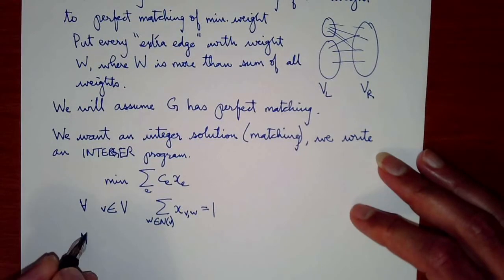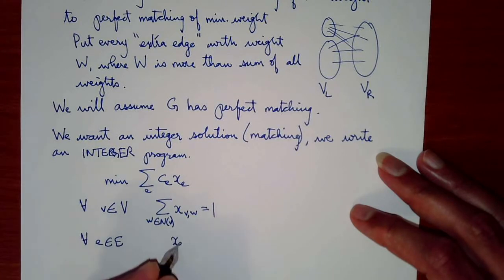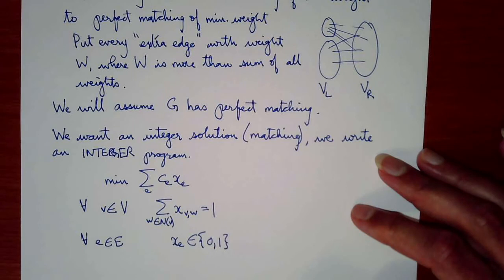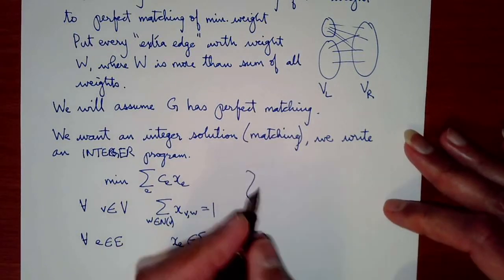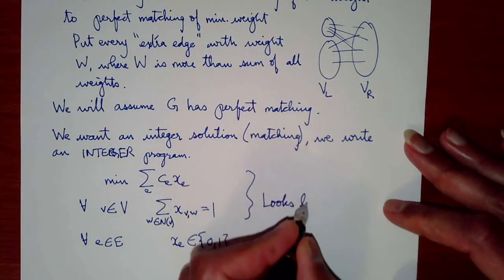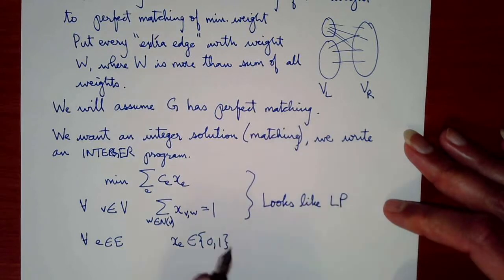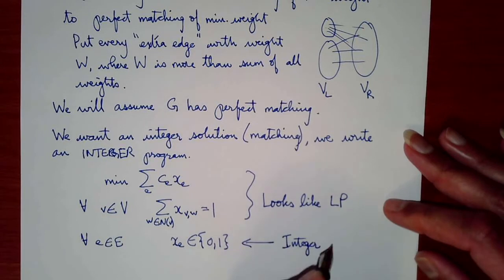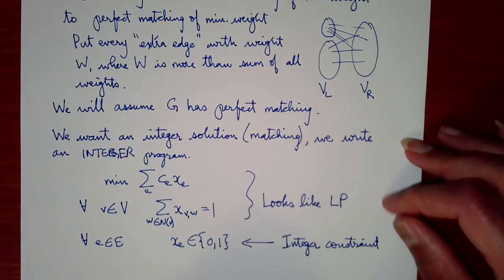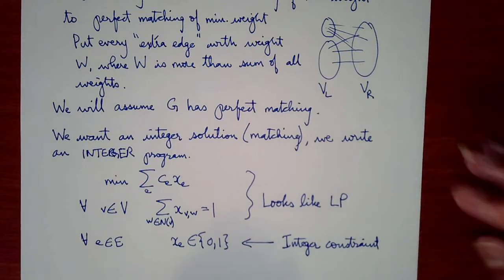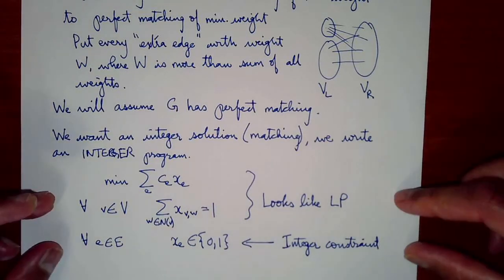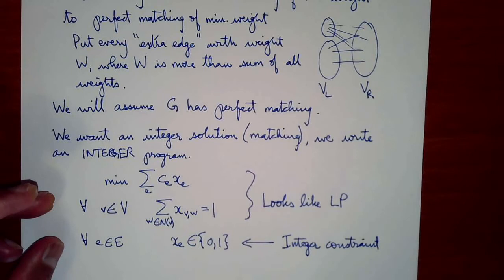And furthermore, for all edges, I want x_e to be in {0, 1}. So this looks like an LP, but this is the integer constraint. What I've written here is called an integer linear program or an integer program.